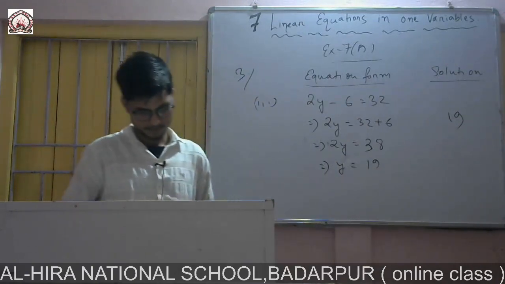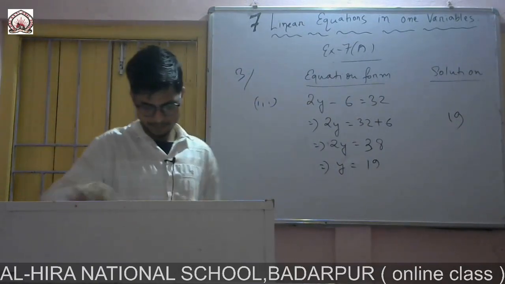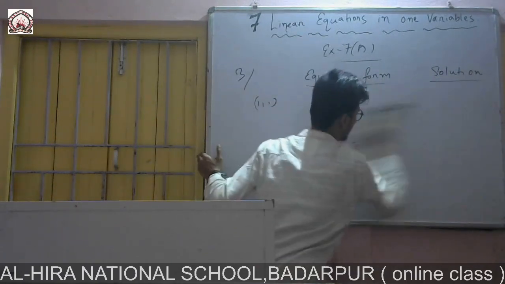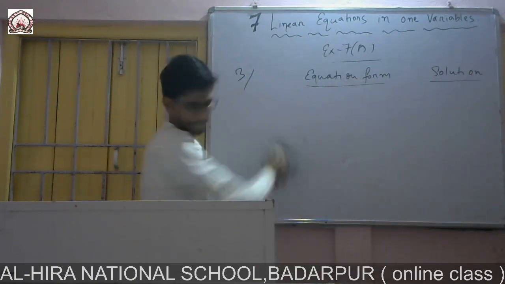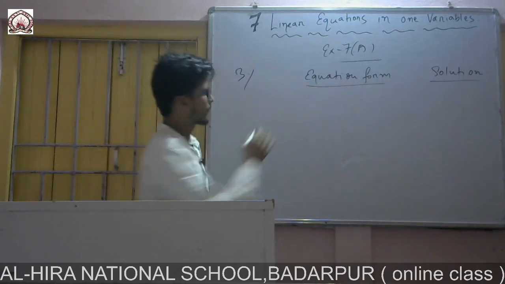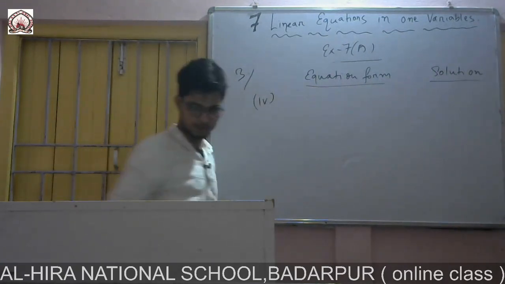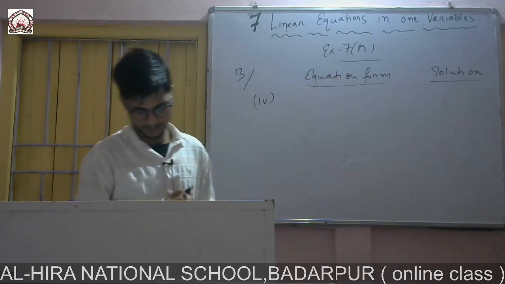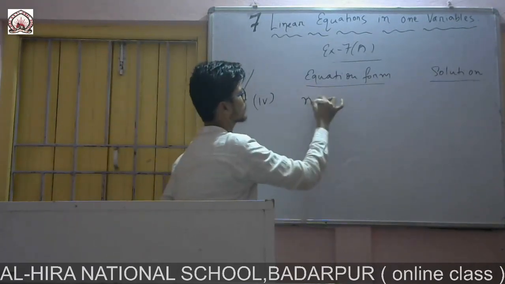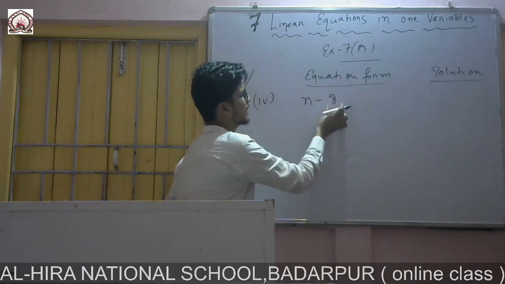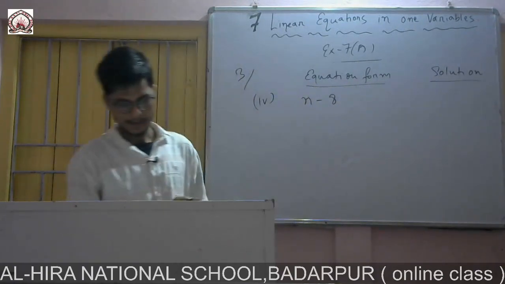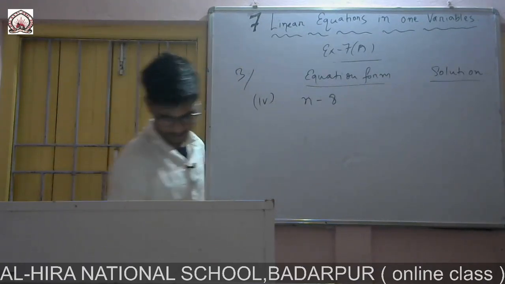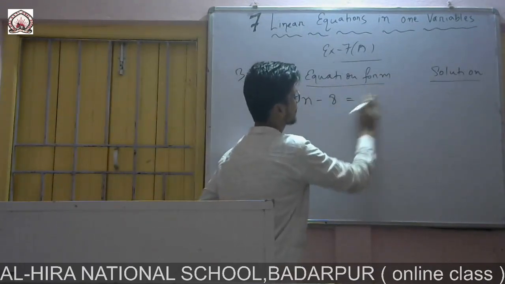The next one, I will only give the equation for you. Solve and write the solution. Roman number 4 you see. If 8 is taken away from number n, to take away means to subtract, that is n minus 8, and the result is minus 4.